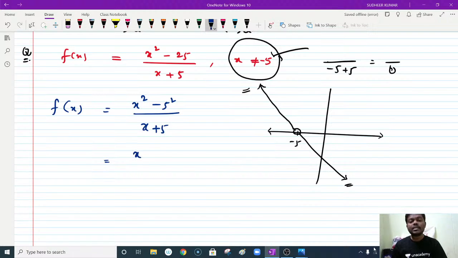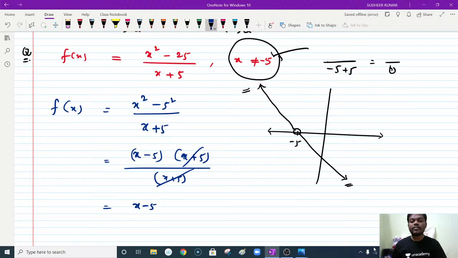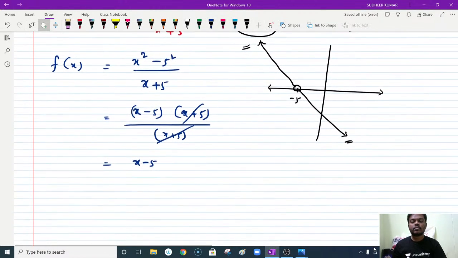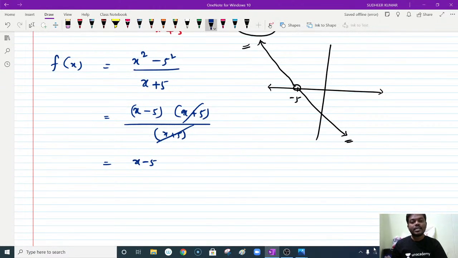Then this can be written using a square minus b square, a minus b into a plus b, by x plus 5. These two get cancelled, so the result is x minus 5. Isn't it? So therefore, f of x equal to x minus 5.